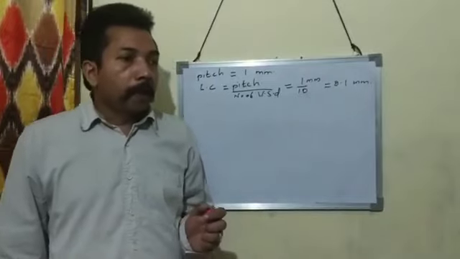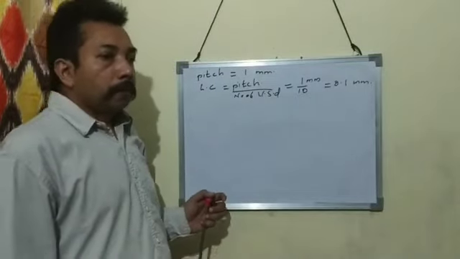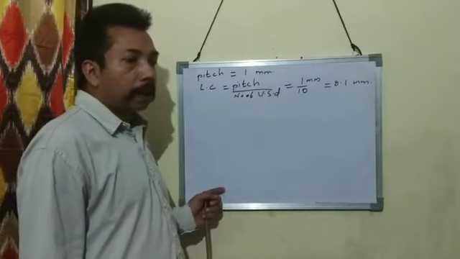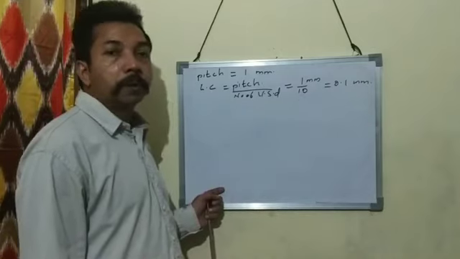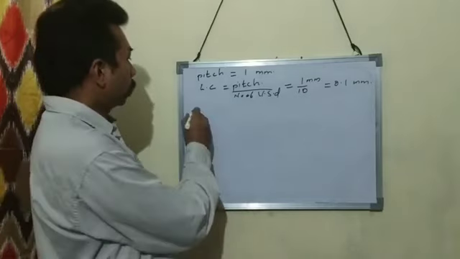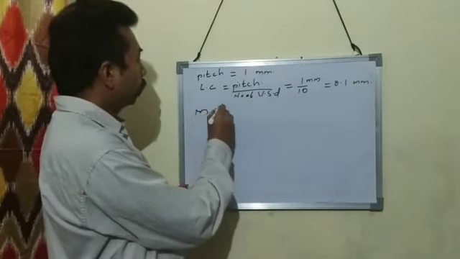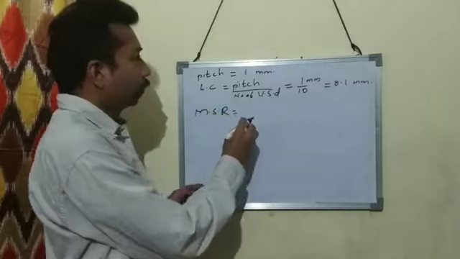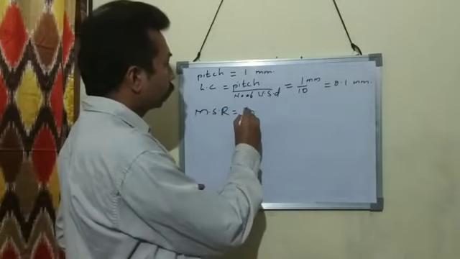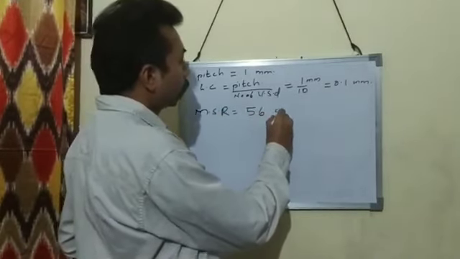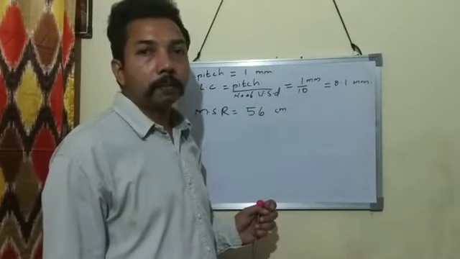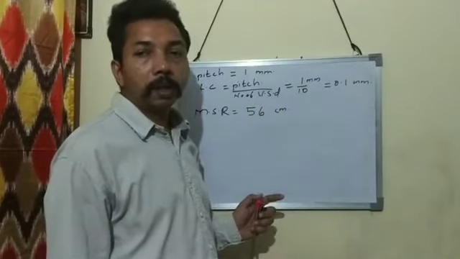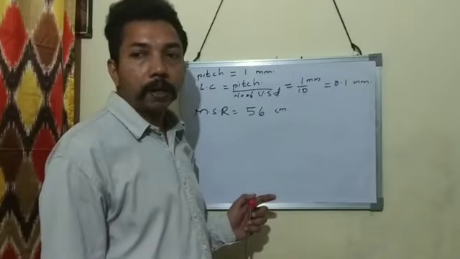Then, the number of divisions on the left hand of 0 of the vernier scale on the main scale is 56, which means the main scale reading is 56 millimeter. There are 56 main scale divisions, so 56 millimeter is the main scale reading.